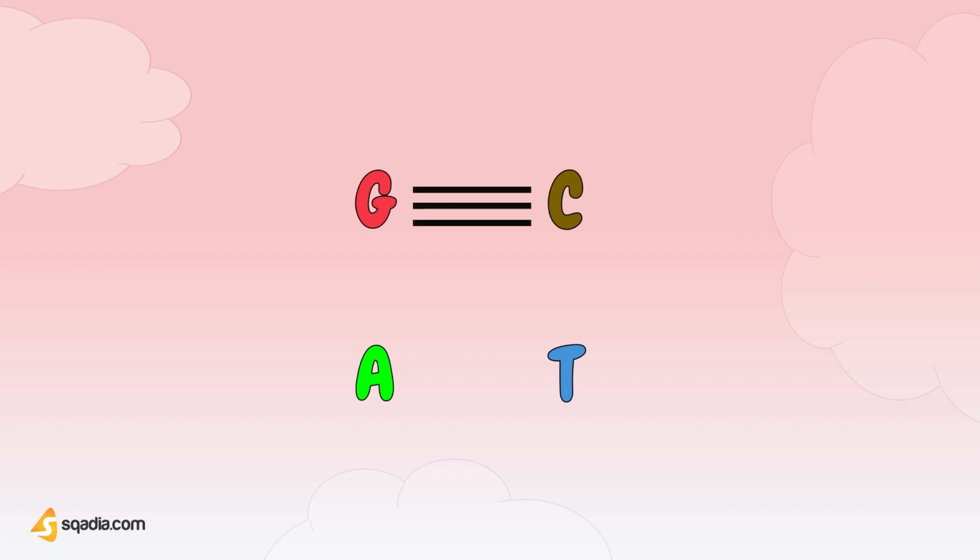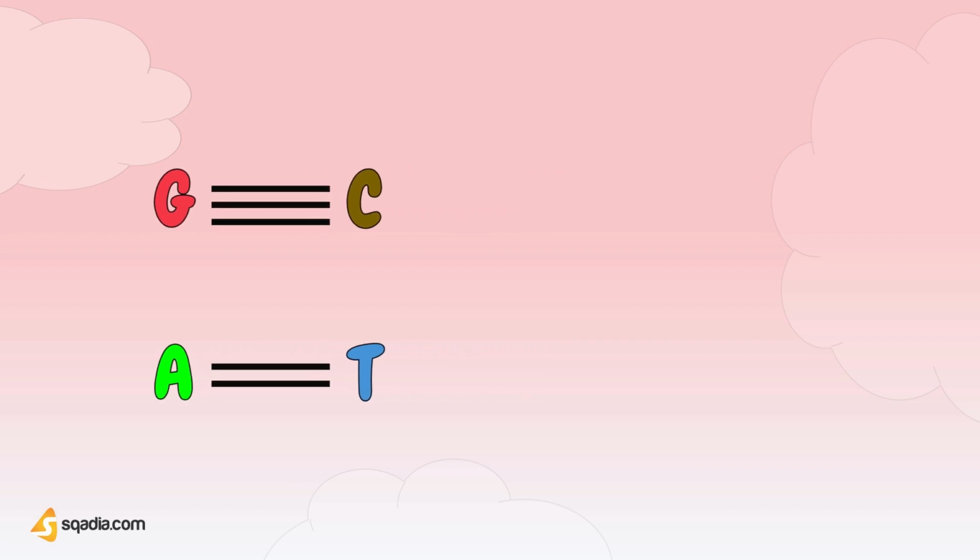Well, we know that guanine has a bond with cytosine and adenine with thymine. But there is a difference in the number of hydrogen bonds between them. Guanine is bonded with cytosine through 3 hydrogen bonds, but adenine and thymine have 2 hydrogen bonds.